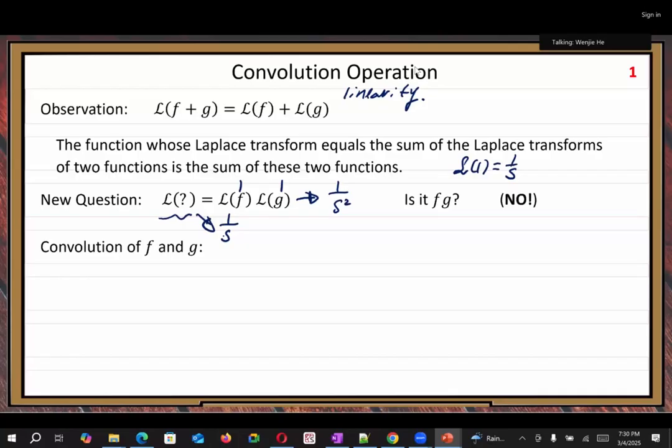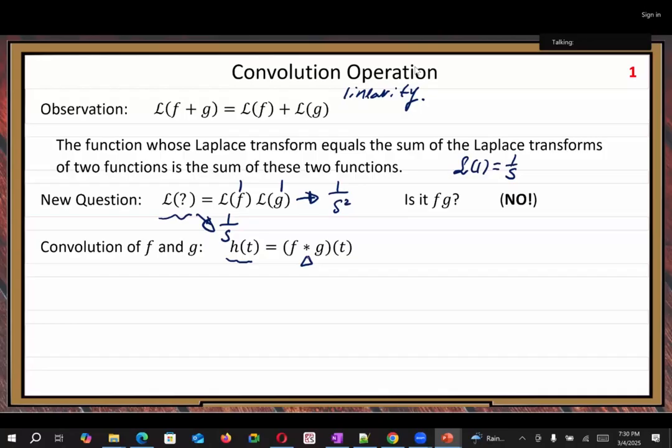All right, then let's consider the convolution of two functions. First, I'll give you the definition. We introduce a new function, h. Because this is a special operation, we need a special notation. Here we use this star to represent it. It's not a product. In math, the star operation is not a product.